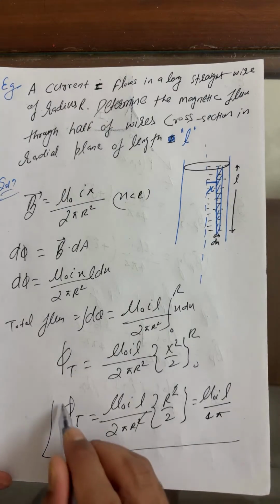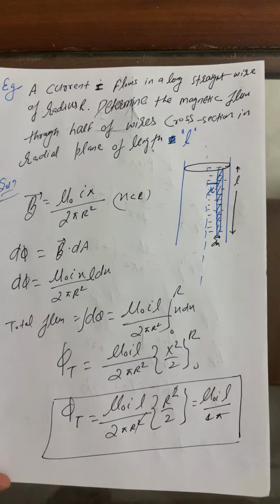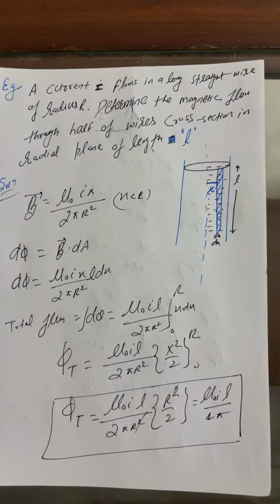So this is the total flux for the half straight current carrying wire.